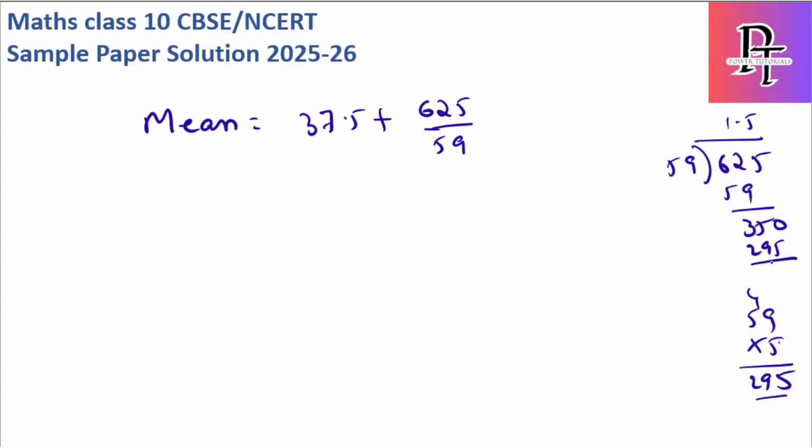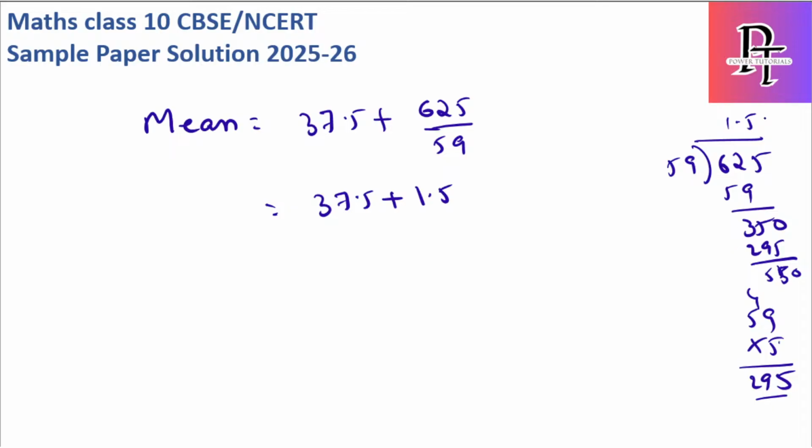So we'll get 37.5 plus 10.5, then it is 550 here.